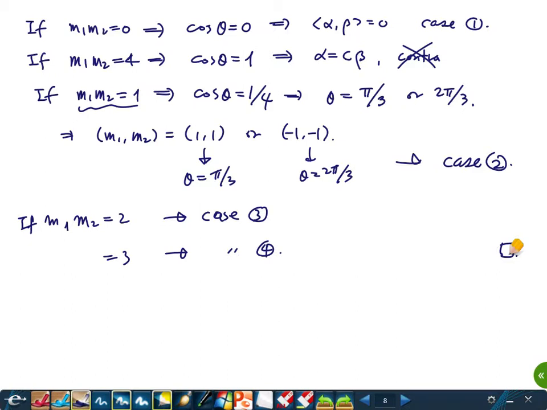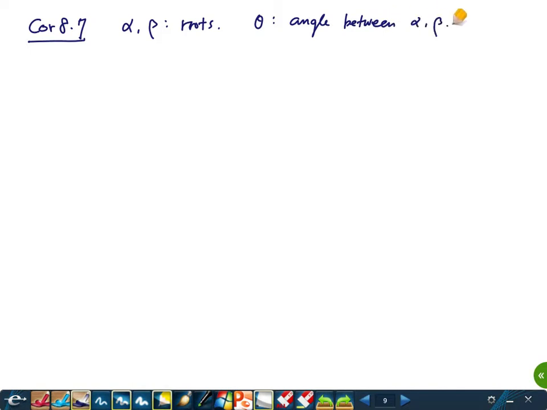And we will consider one simple corollary of this. Simple, but also very useful. Corollary 8.7: alpha, beta are roots, and again theta is the angle between alpha and beta. Of course, our root system is given. We are considering two roots of it.